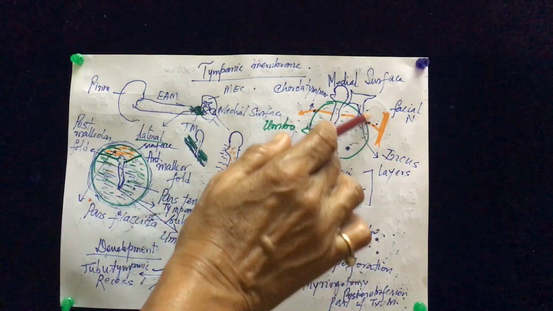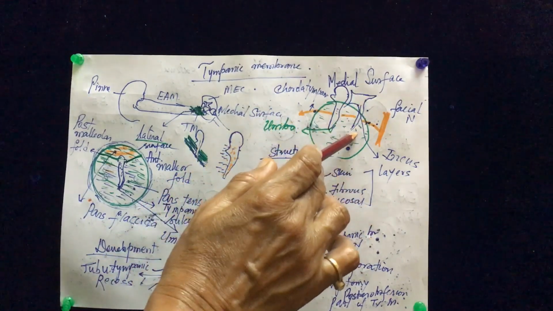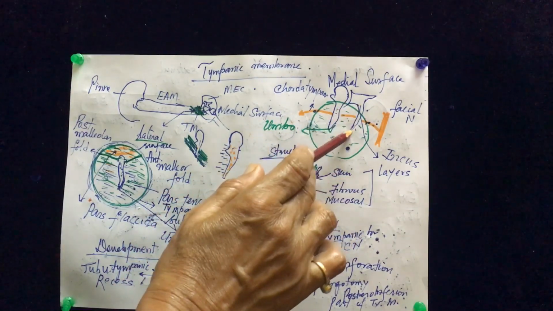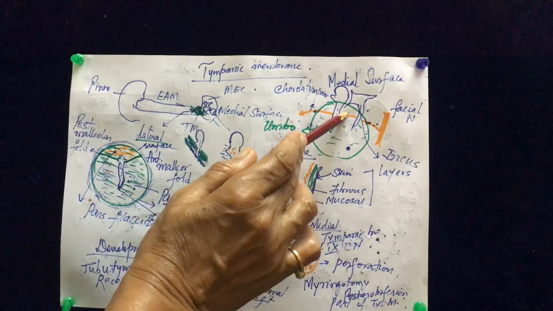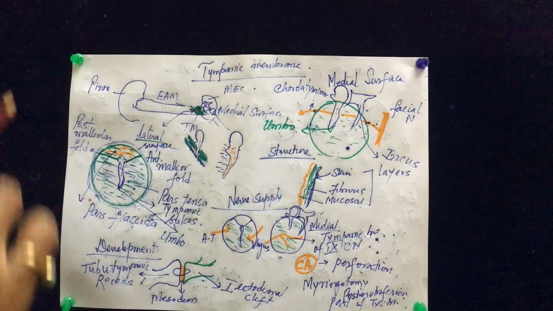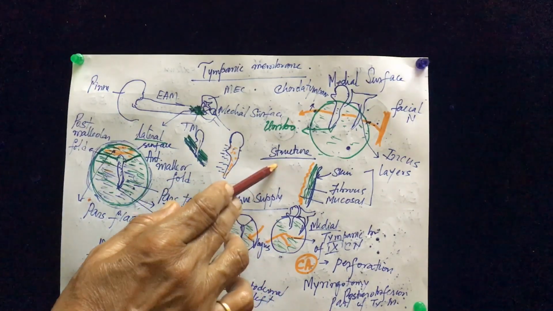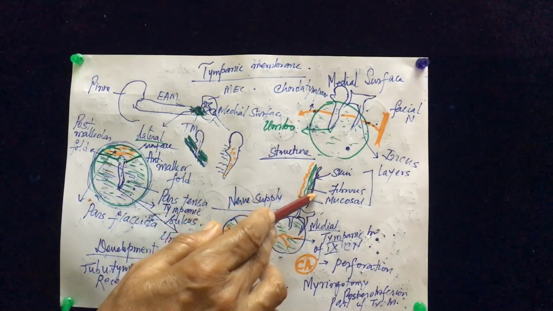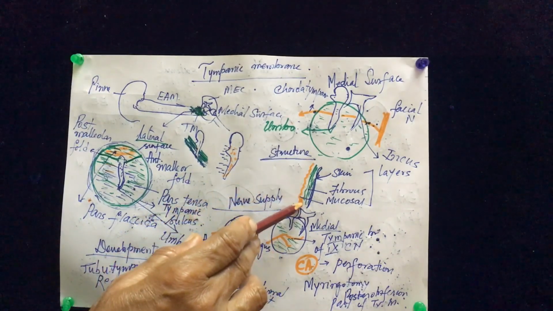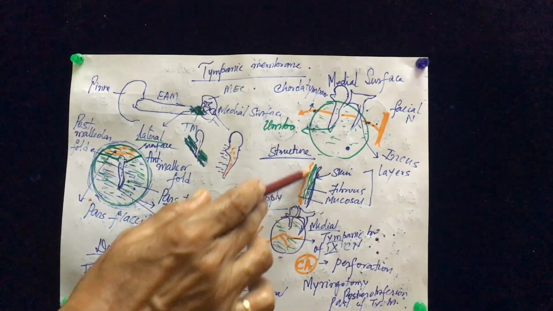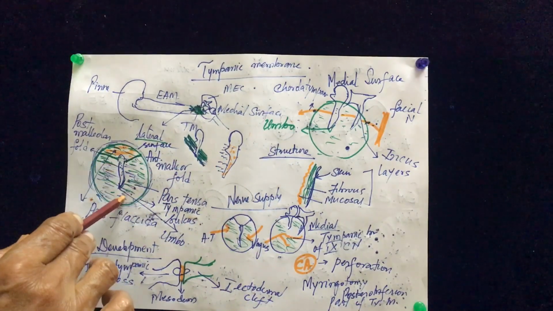So the medial surface of the tympanic membrane has three important structures: the malleus, the long process of the incus, and the chorda tympani in its upper portion. Coming to the structure of the tympanic membrane, it has skin, a fibrous layer, and a mucosal layer.